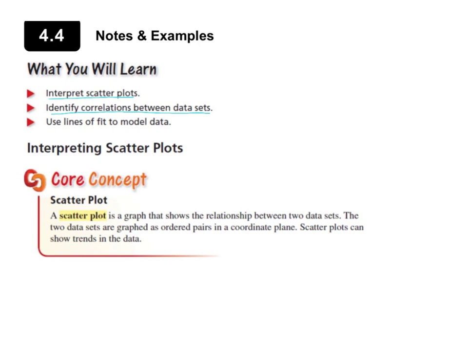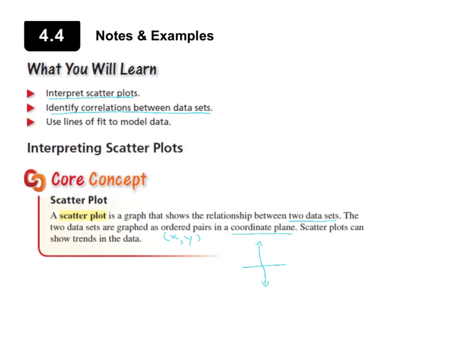Okay, so first, a scatter plot is a graph that shows the relationship between two data sets. The two data sets are graphed as ordered pairs. Ordered pairs are those XY pairs, where one data set is the X's and one data set is the Y's. And we graph that in a coordinate plane.